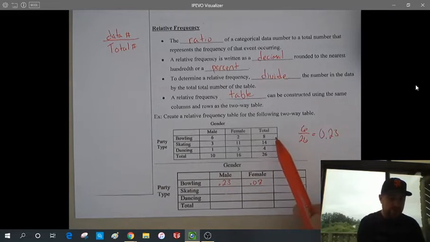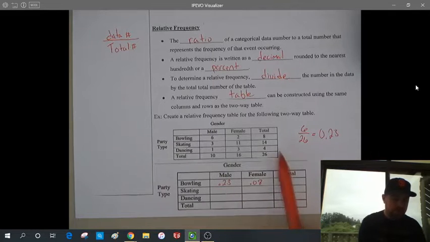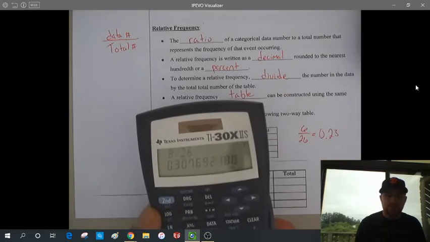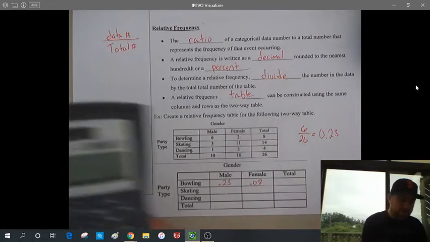And now what I should find is that I could either add those two numbers together to make this total number over here, or take my 8 and divide it by the total number of individuals that were surveyed. This is the total number of individuals that chose bowling, which was 8, divided by 26, and I get 0.307. So the 7 is going to tell the 0 to round up to a 1.